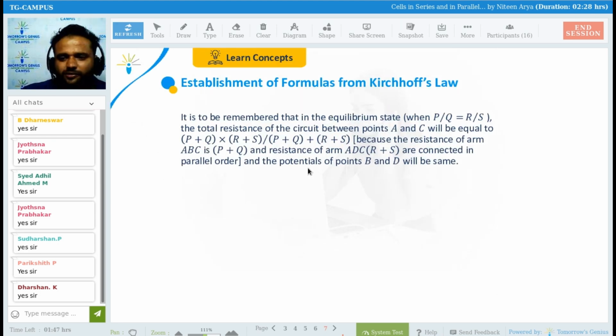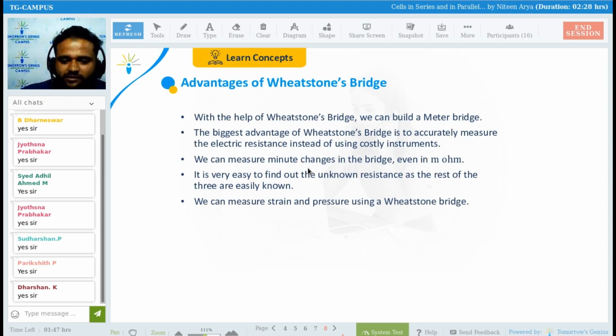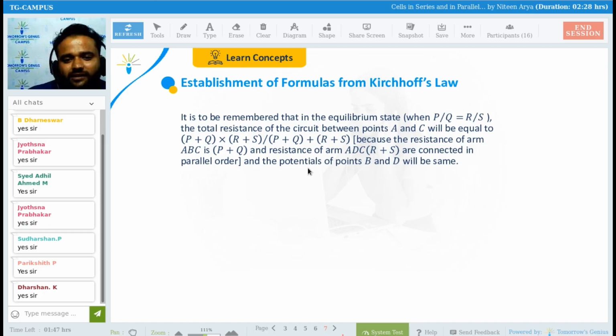This you can read out. This is the equilibrium state when P by Q equals R by S, the total resistance. One thing importantly, how you can find the total resistance.